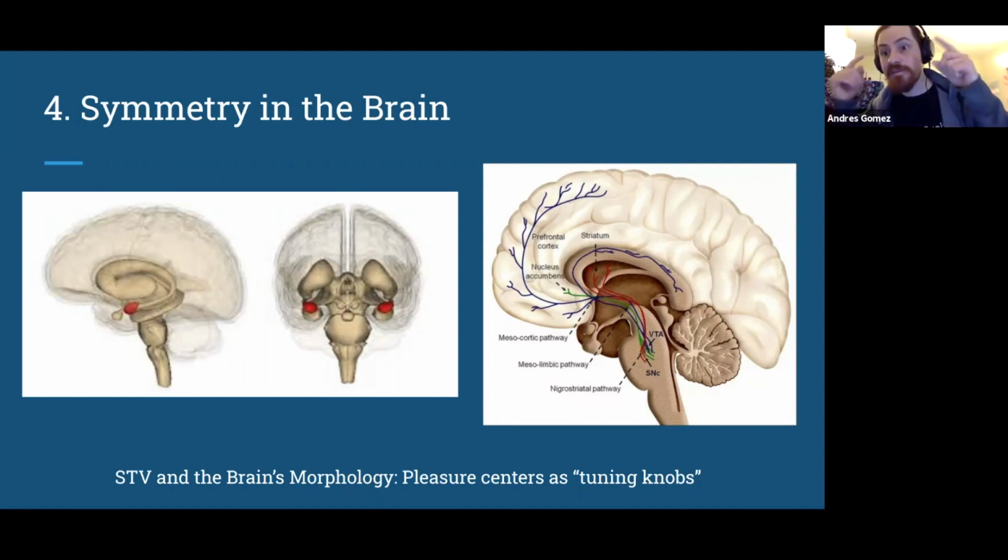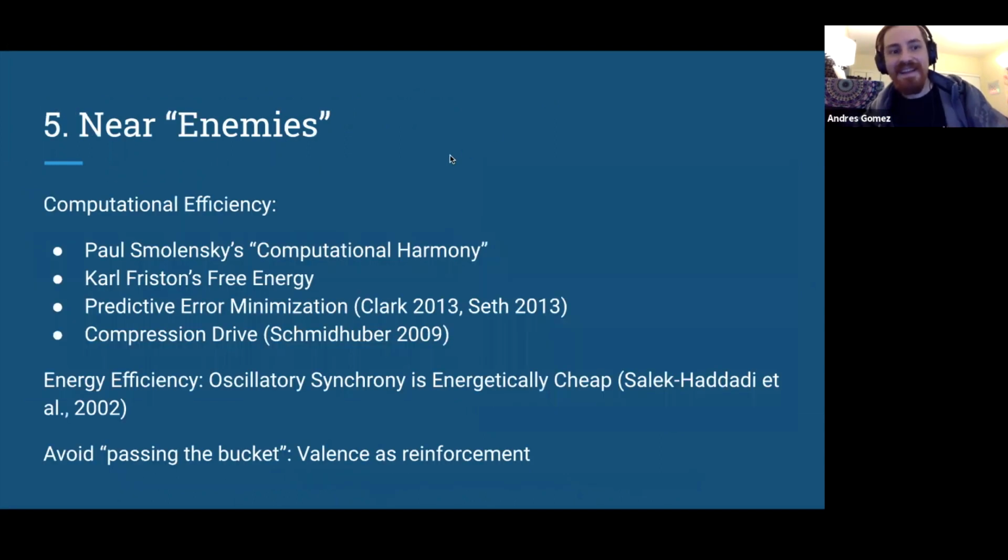So we think of the pleasure centers as bridges that lower the average synaptic path length across your brain, and therefore enable synchrony across the brain. And that's why we think the pleasure centers feel good when you activate them.